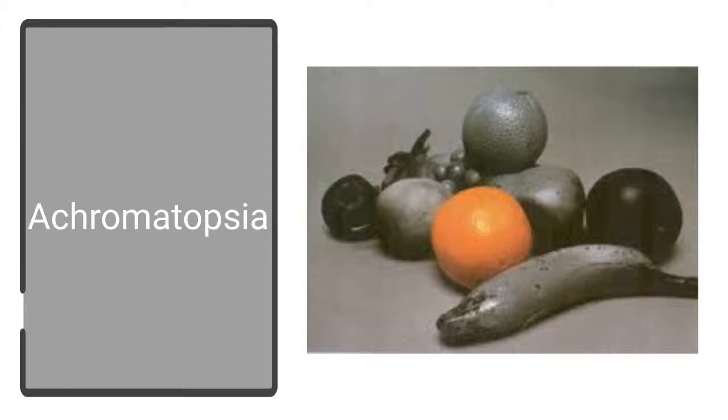If area V4 is damaged, one can develop a condition called achromatopsia, in which no colors can be perceived. And unlike a beautiful black and white movie, people with achromatopsia report everything looking like cement.